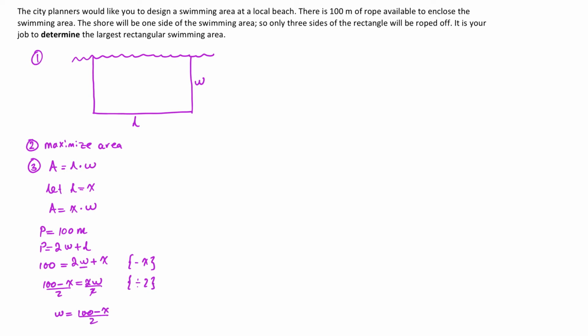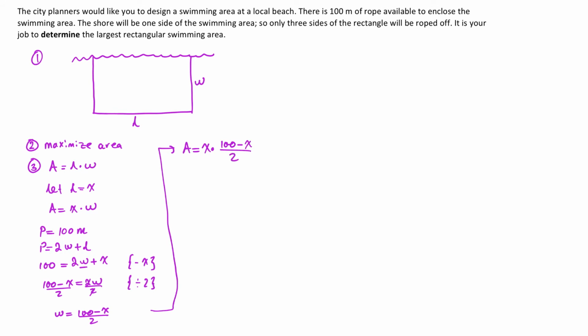Alright, so now I wrote W in terms of X. So now this area over here is X times W. So instead of this W, now I can write (100 minus X) divided by 2. So continuing on, a little bit of a long process, area is equal to X times (100 minus X) divided by 2.